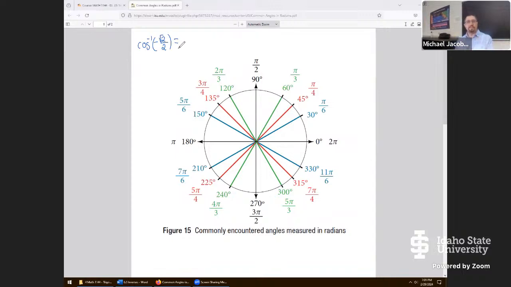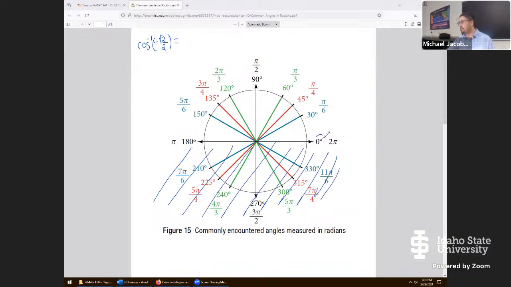Now, for cosine inverse, all of this is eliminated. Cosine inverse runs from 0 radians all the way to pi radians, or 0 degrees to 180 degrees. Exactly. So the idea is you take this number right here, negative root 2 over 2, that's about a negative 0.7.